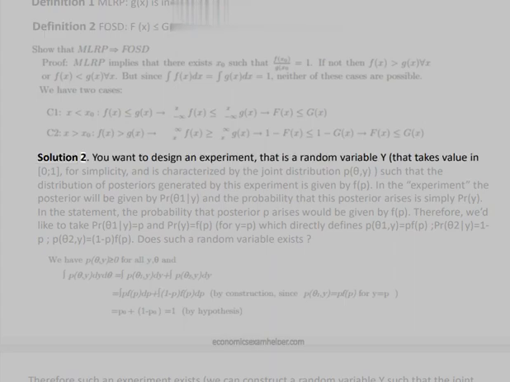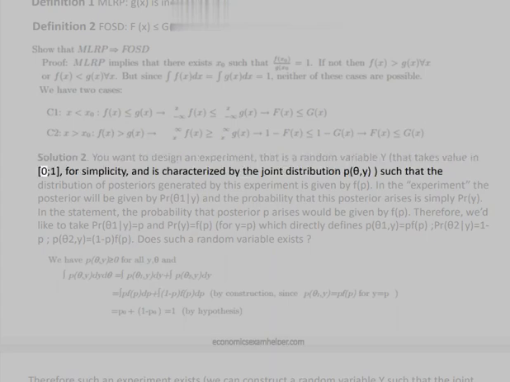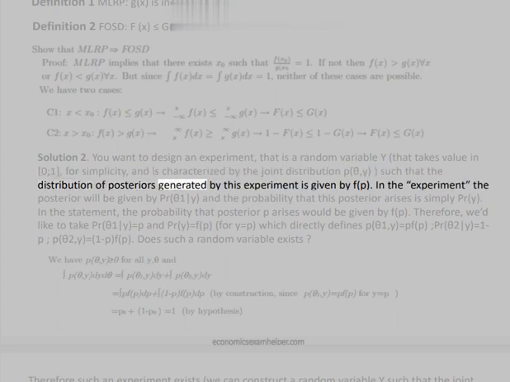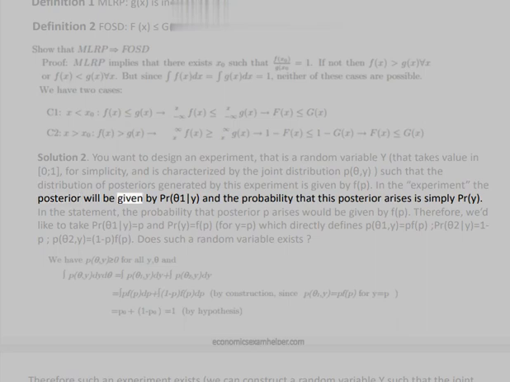Solution 2. You want to design an experiment, that is a random variable y that takes values in {0, 1} for simplicity, and is characterized by the joint distribution p(θ, y), such that the distribution of posteriors generated by this experiment is given by f(p). In the experiment, the posterior will be given by Pr(θ=1 | y), and the probability that this posterior arises is simply Pr(y).